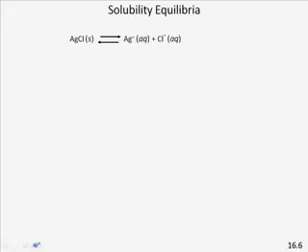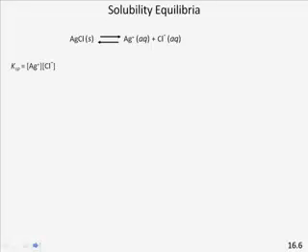Now, here is a typical equation for the dissolving process. In this case, it is solid silver chloride. We dissolve it and we get aqueous silver ions and aqueous chloride ions, in a 1-to-1 ratio.